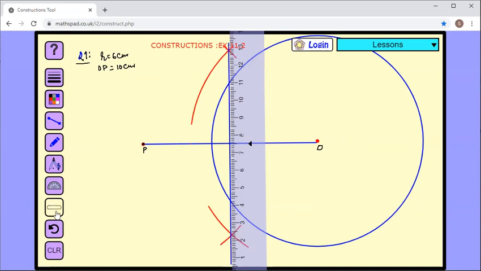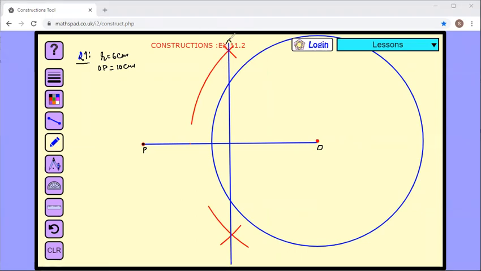Lift the scale. Now you will see that this line and OP, they are intersecting each other at a point, say M here.